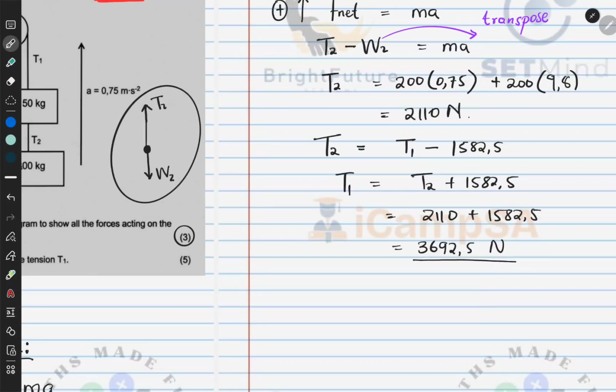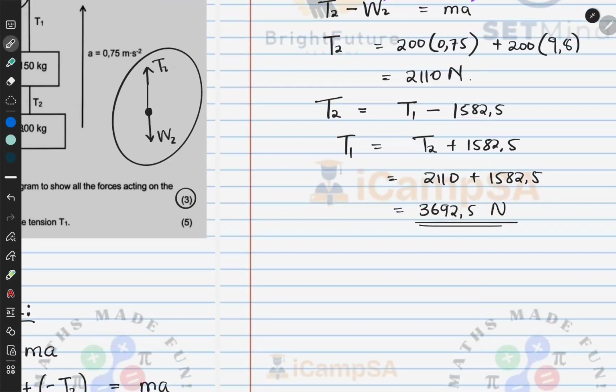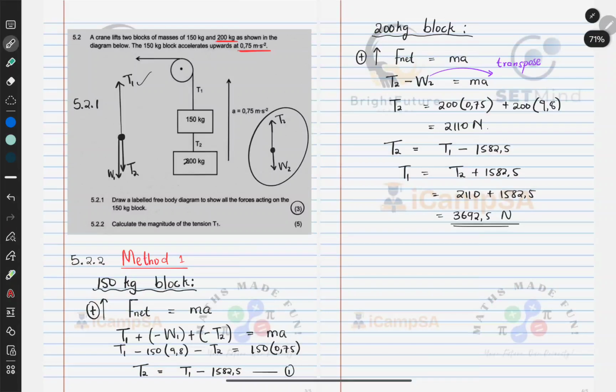So this is what T1 is. This is our answer. Okay, so let's go to method 2.